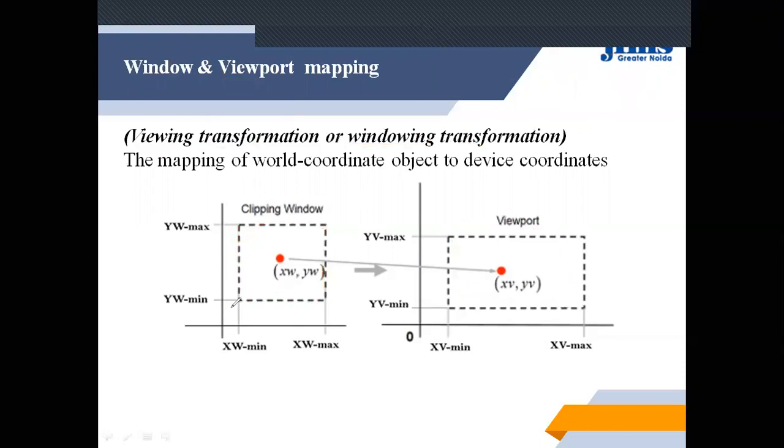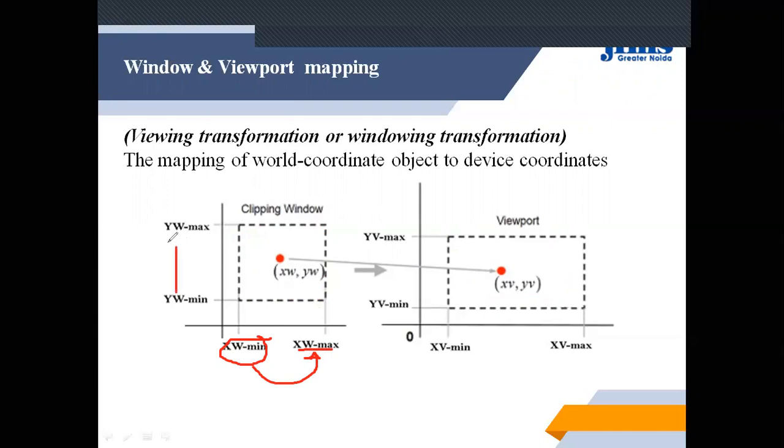Now from here we can discuss that the size of the window is xw max minus xw min, this minus this, and the size on the y axis is this minus this.